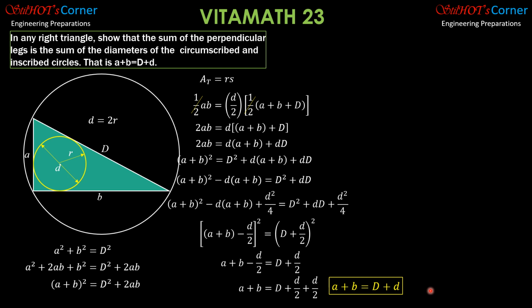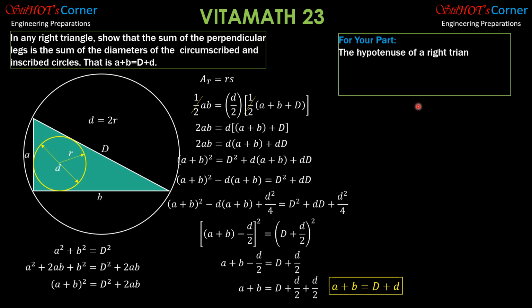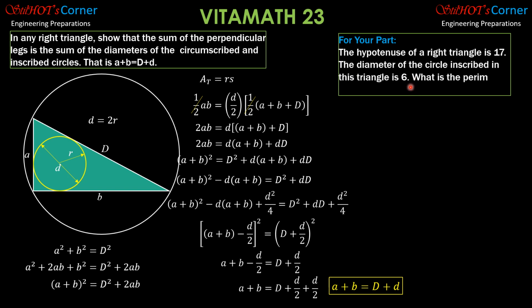So that my viewers and my subscribers can participate in the discussion so that you will also learn, I want you to solve this as your part. So this is the problem. The hypotenuse of a right triangle is 17.